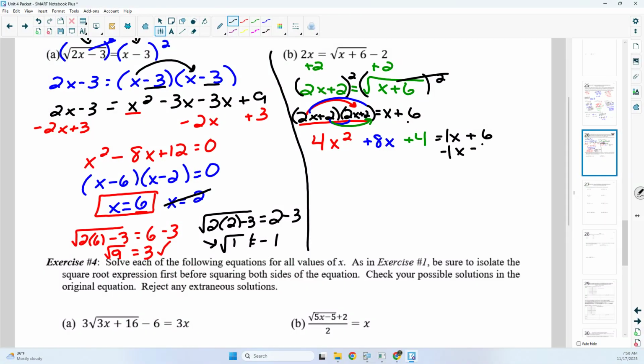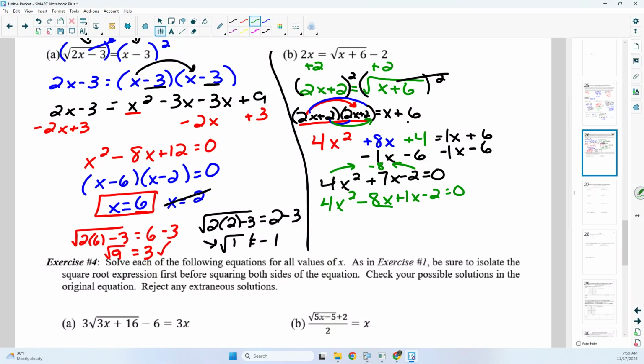So I'm going to move over to set equal to 0 because I have a quadratic. And I get 4x squared plus 7x minus 2 equals 0. So it looks like we need to use AC grouping. So I bring the numbers together, I have a -8. So this is going to be 4x squared minus 8x plus 1x minus 2.